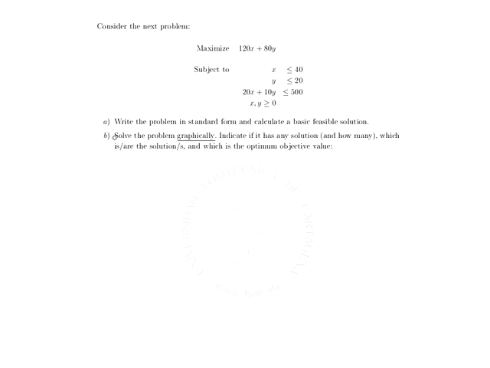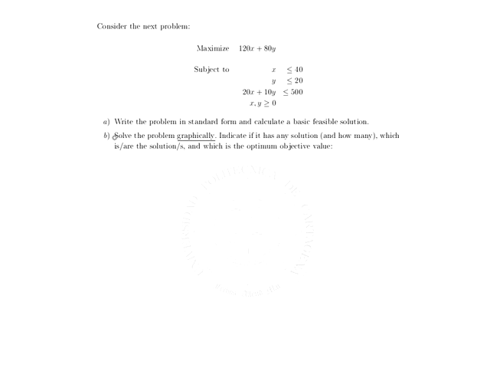In this exercise, we consider the problem of maximizing 120x plus 80y subject to x less or equal than 40, y less or equal than 20, and 20 times x plus 10 times y less or equal than 500, where x and y must be values greater or equal than 0.